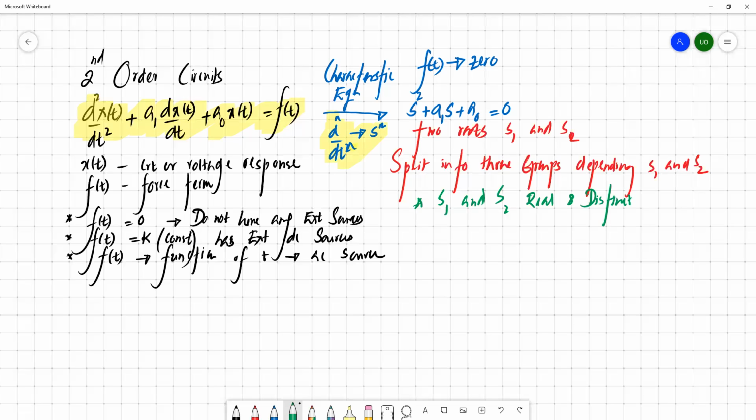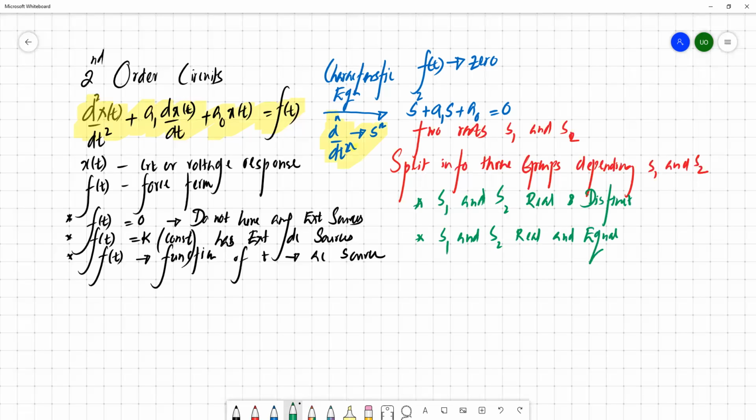So then we have two real roots, but they are not equal to each other. The second group, s1 and s2 are real and equal.